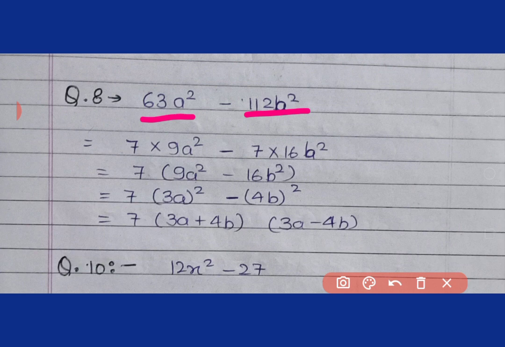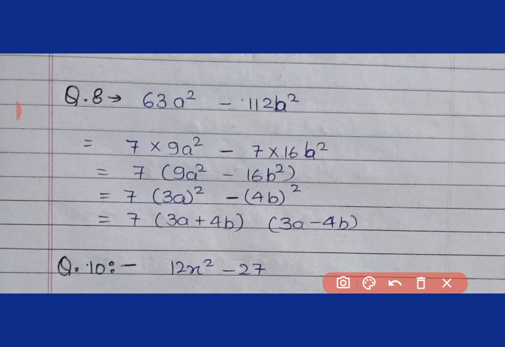So we have to find the common term. What is the common term? As we have studied in the first exercise, how will we find the common term? By the method of HCF. So whenever you take the HCF of 63 and 112, you will find 7 as the HCF.